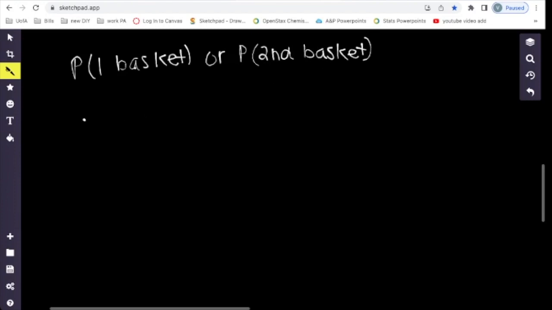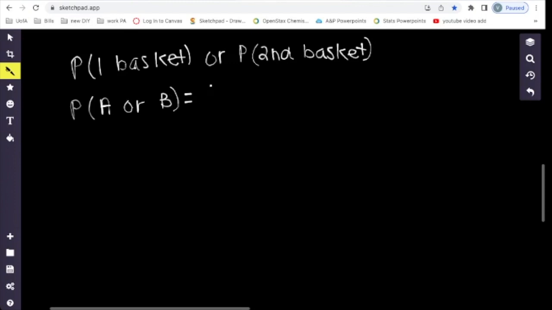So we have the probability of A or B occurring. And if we remember our rule for ORs, it's the addition rule.